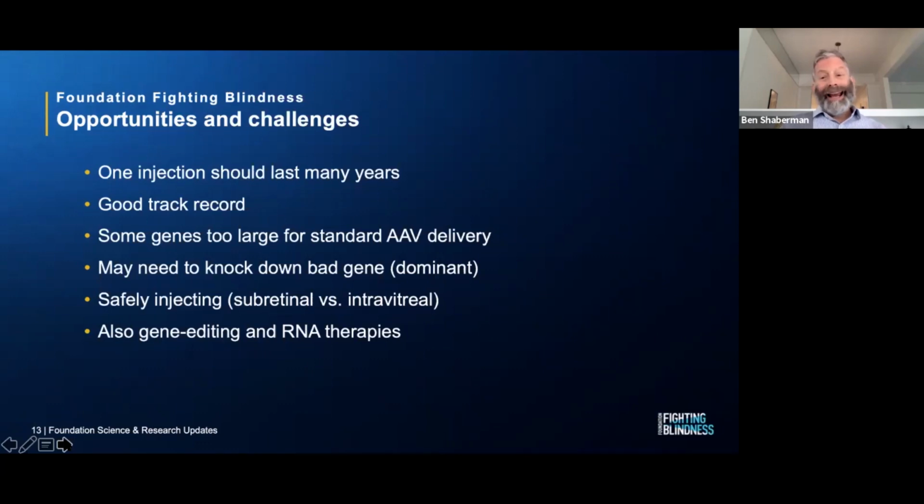Now, one thing that I haven't addressed at all, and I plan to address in a later webinar, are gene editing and RNA therapies. And unlike gene replacement, in these approaches, you're not delivering an entire gene to the retina. With gene editing, with an approach like CRISPR-Cas9, you're going in and cutting, and maybe you're cutting out the mutation and maybe pasting something new in. So you're not replacing the gene, you're editing it.